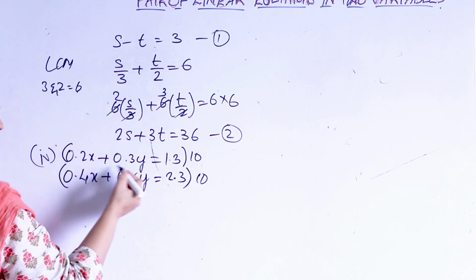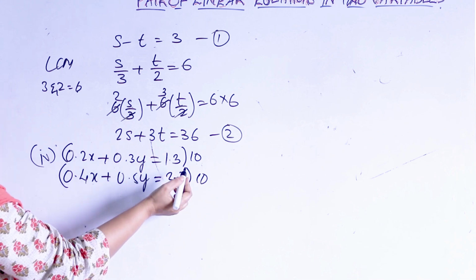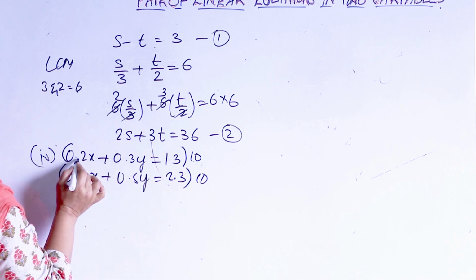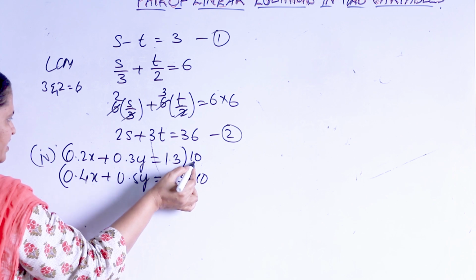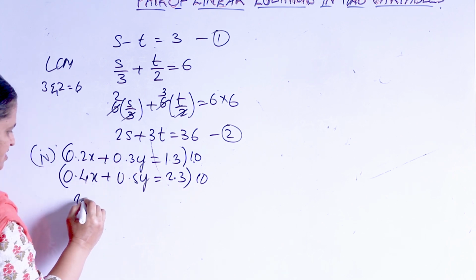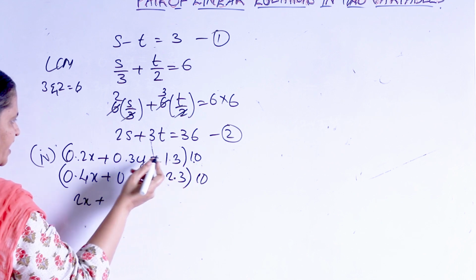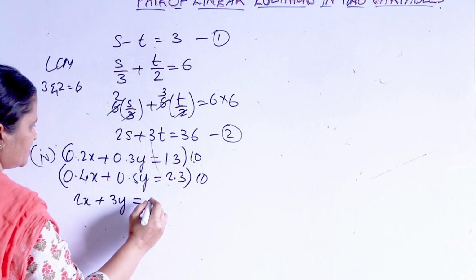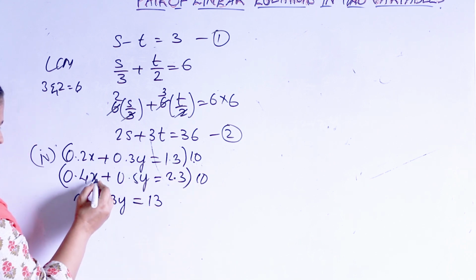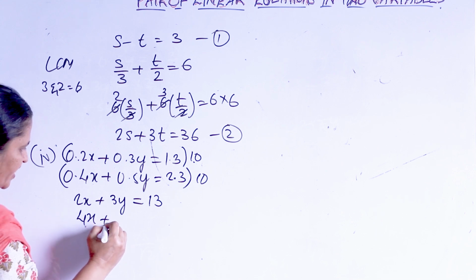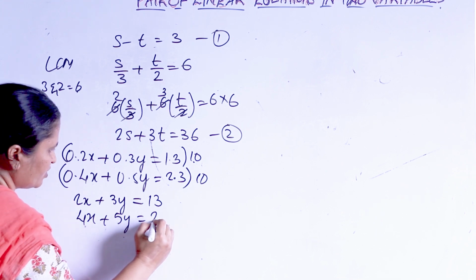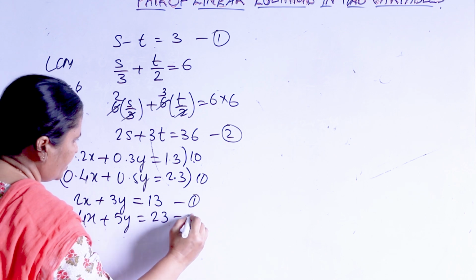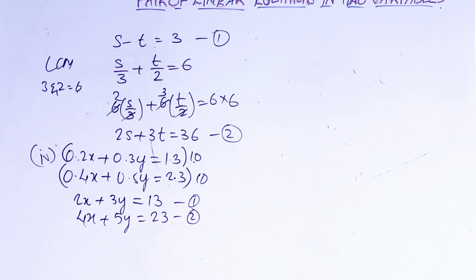When we say multiply the equation by 10 or whatever number, you have to multiply every term by 10. So now 10 times 0.2 is 2x plus 10 times 0.3 is 3y equals 1.3 times 10 is 13. Similarly, we get 4x plus 5y equals 23. So equation 1, equation 2. You have both the equations and then you can solve for x and y using substitution method.